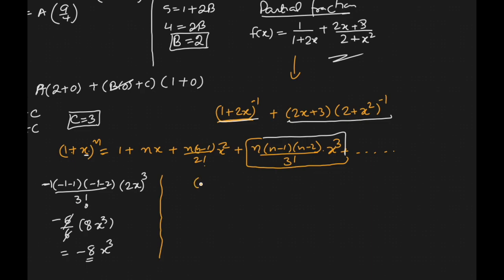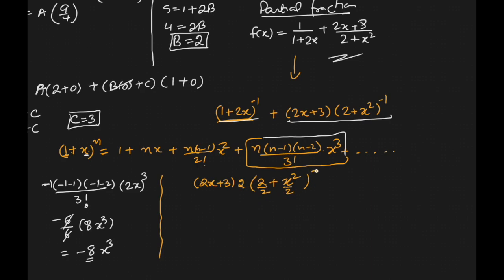So 2x plus 3 is what it is. But this one, 2 plus x square, does not match with my formula. My formula starts with 1, it has 2. This 2 must go. So what will I do? I'll just divide both terms by 2, and outside I'll multiply by 2 to compensate.